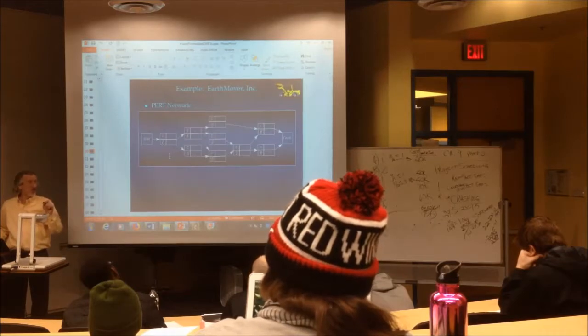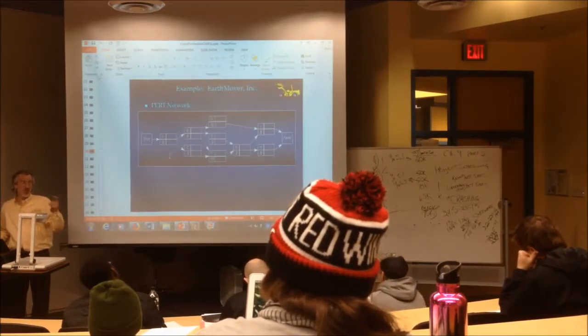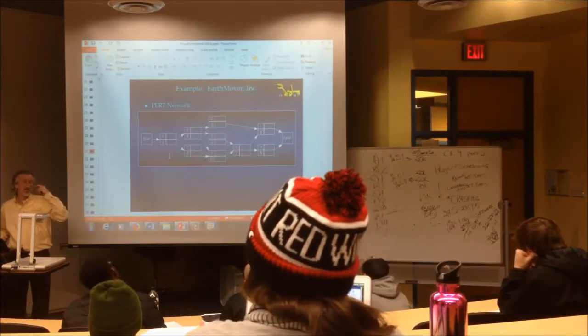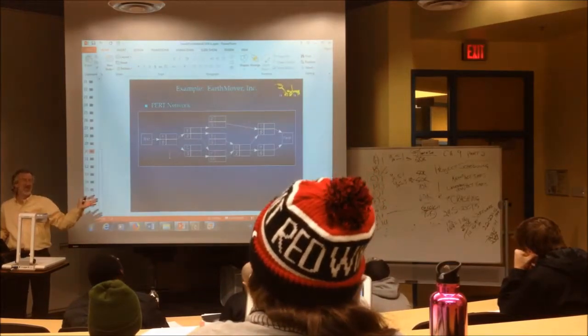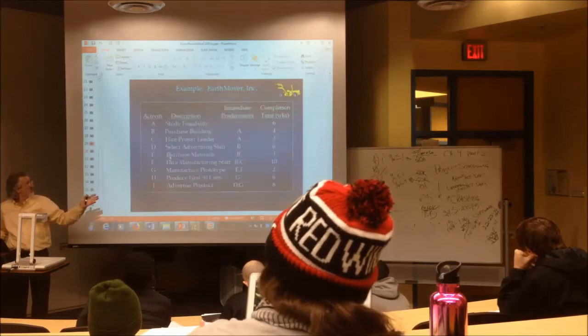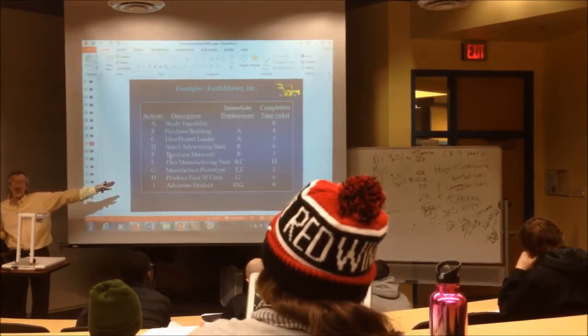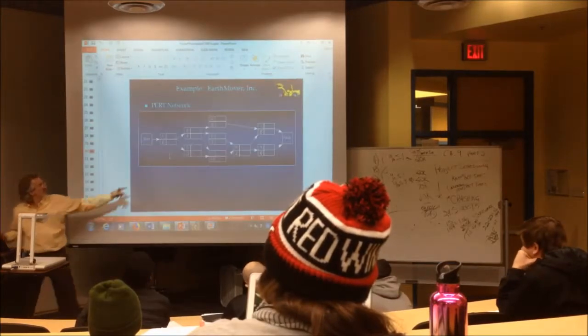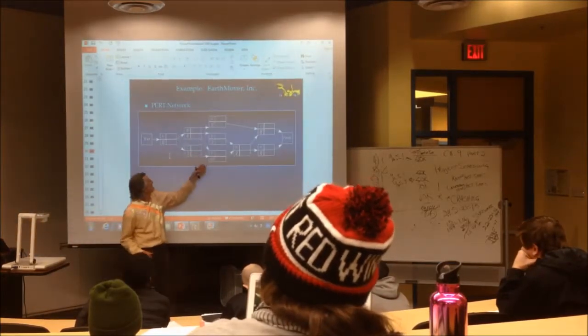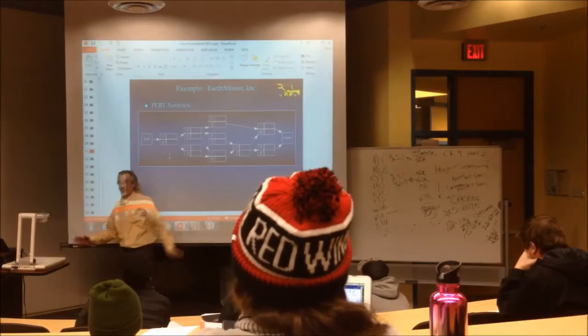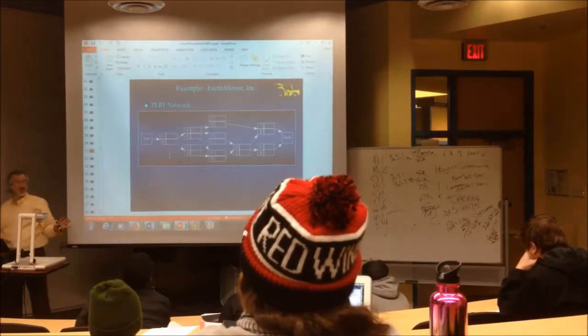And I have to warn you, you're only going to be given one or the other, most likely. So you've got to be able to read both of these to figure out which activity precedes another. Pretty easy though, right? If you're using this, it tells you D is preceded by B, F is preceded by B and C. If you're using this, F is preceded by B and C, D is preceded by B. Just giving you fair warning.